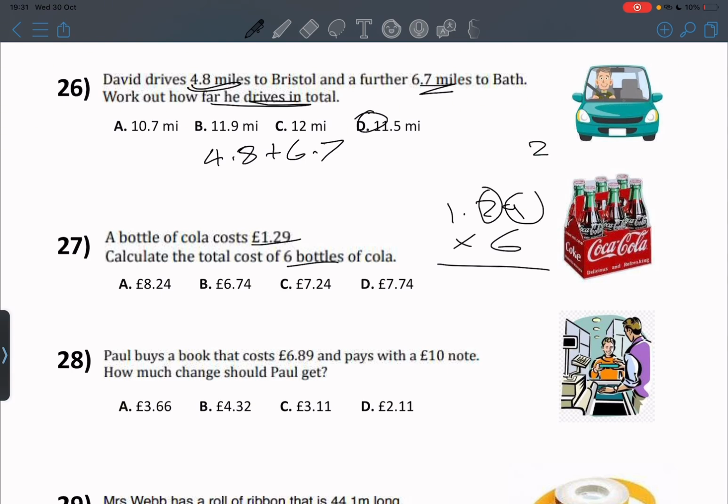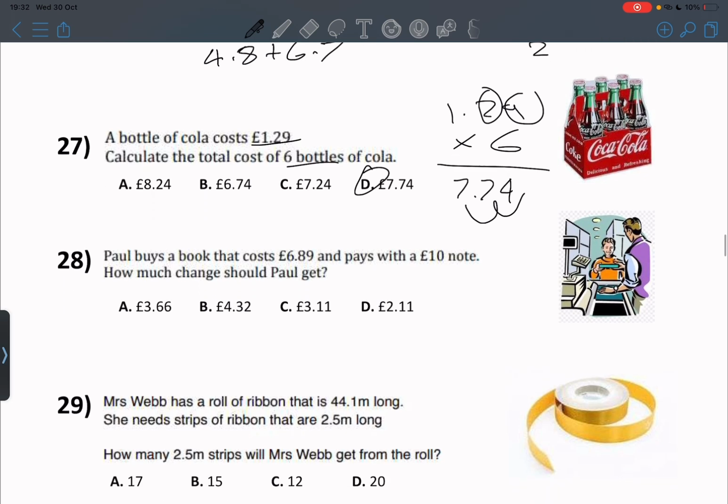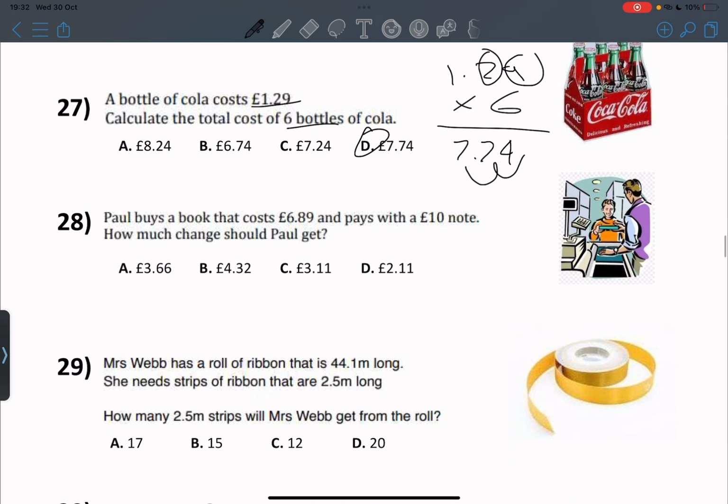So once you're done multiplying, you should get this answer, 774, and then put your 2 decimal places, 7.74. So your answer here should be option D.